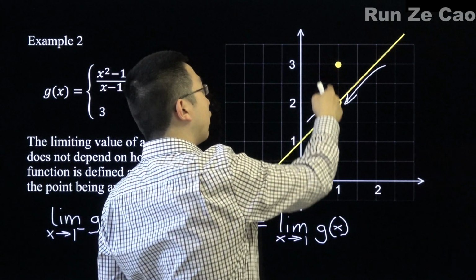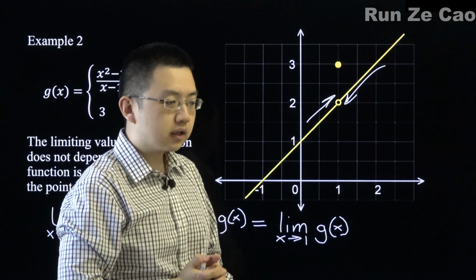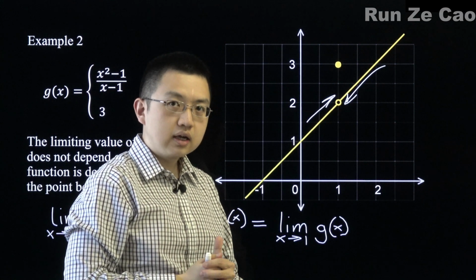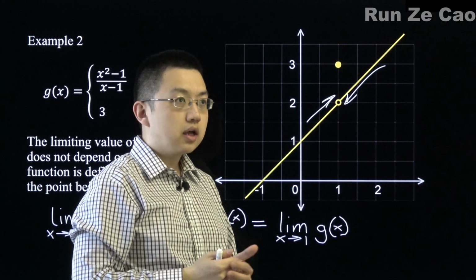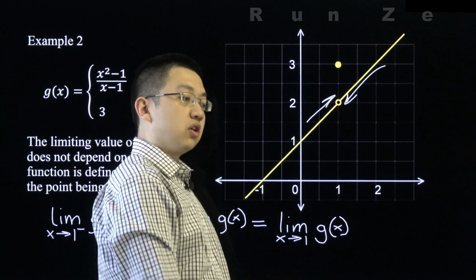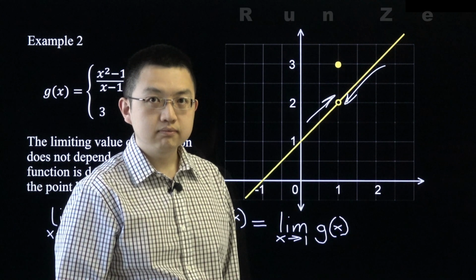So every single point, every single discontinuity that is a point discontinuity, well, they take up 0 space on the x-axis.